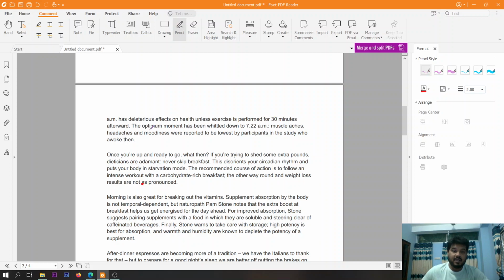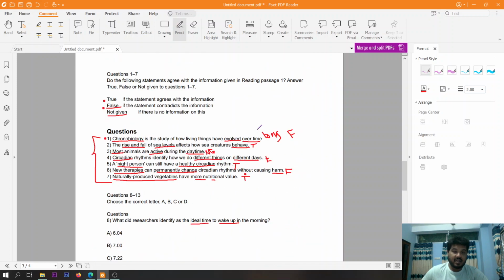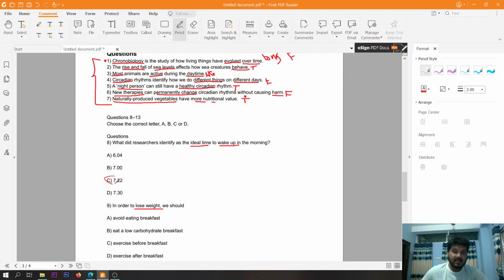The optimum moment, the best moment of time, has been whittled down to 7:22 a.m. So what is the best time to wake up? It's 7:22 a.m. So our answer is C, 7:22 a.m. That is the ideal or optimum time to wake up.